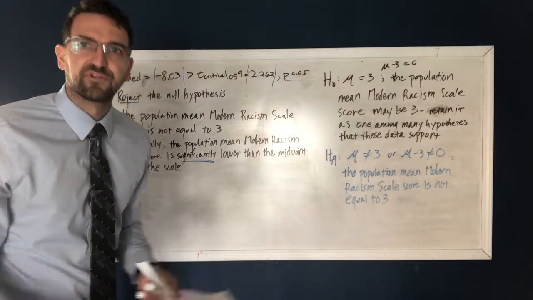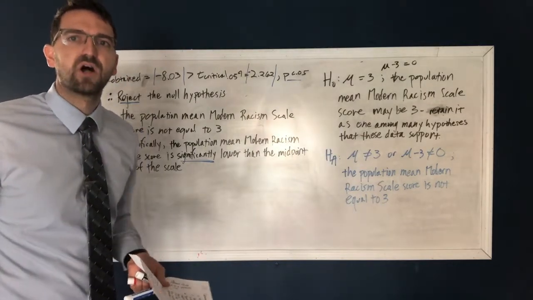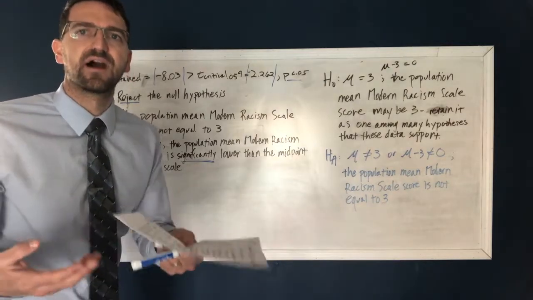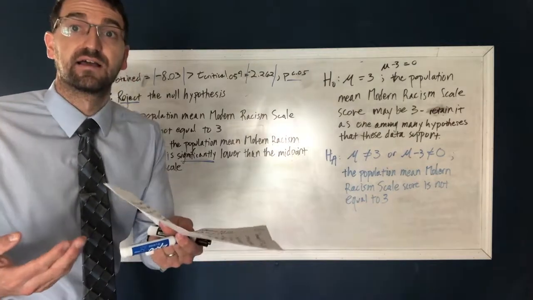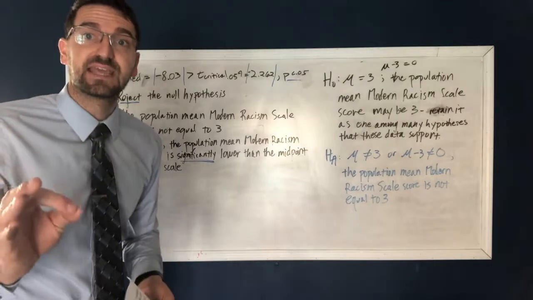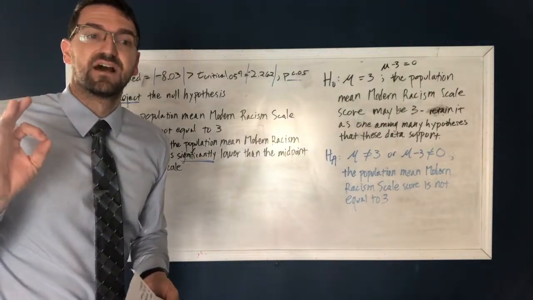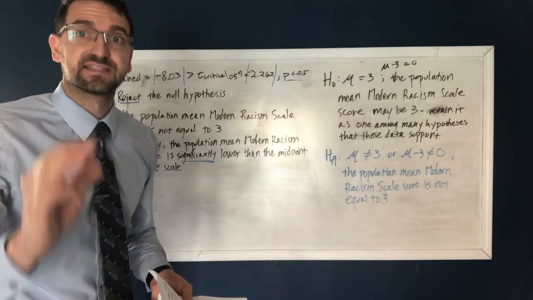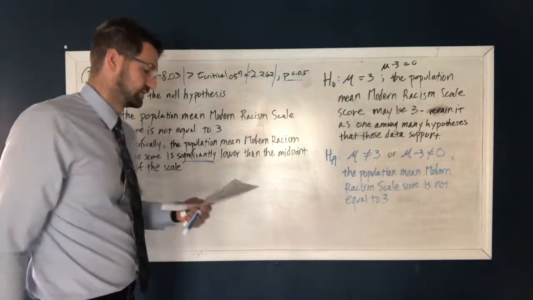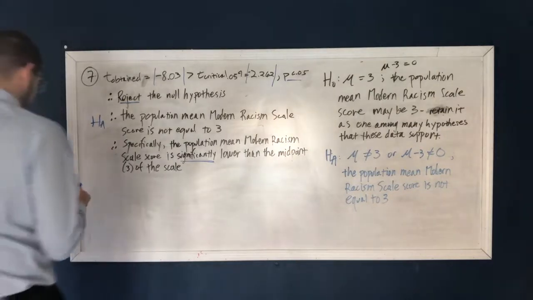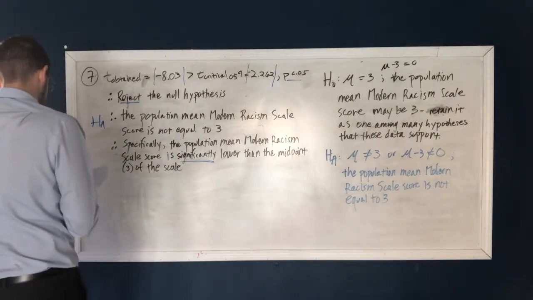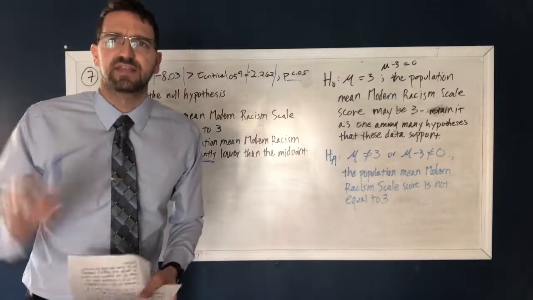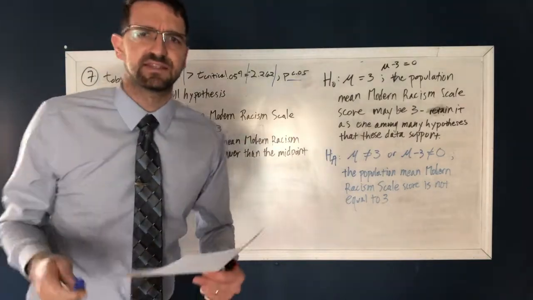So on average, people are disagreeing with the items in the modern racism scale, which is an indication that on average, people are not explicitly prejudiced. Okay, now I'm going to add some words explaining why we made the decision we made.